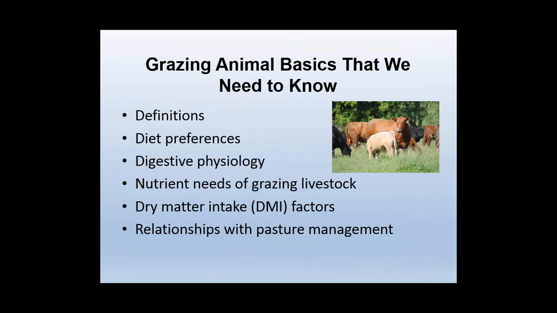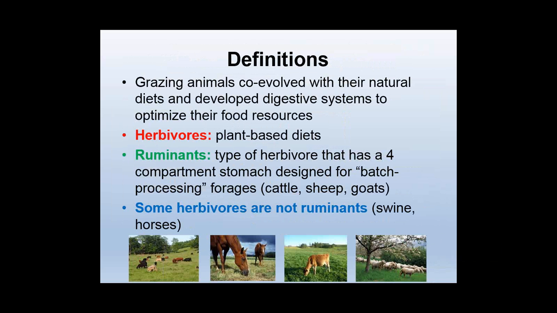While we are going to talk mostly about cattle today, and I'd say all of us are probably cattle people, although I understand Kent's into pigs too, we have to think about the fact that there are several different classes of herbivores that we might be working with in our clientele. So I'm going to start off with a few definitions and some things about diet preferences for some of the different animal groups.